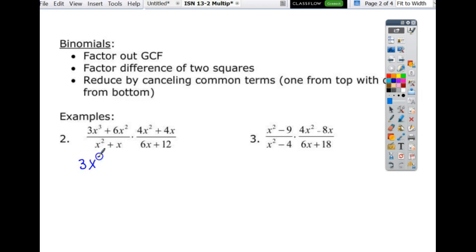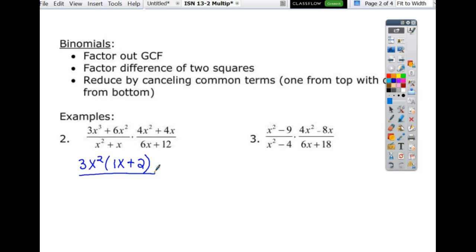X to the second. So if I put that, so 3 times what gives me 3? 1. I have 2 x's, but I need 3. So how many more do I need? So 1x plus 3 times what gives me 6? 2. I have 2 x's and I need 2 x's. Do I need any more? Okay, so I'm going to close the parenthesis.